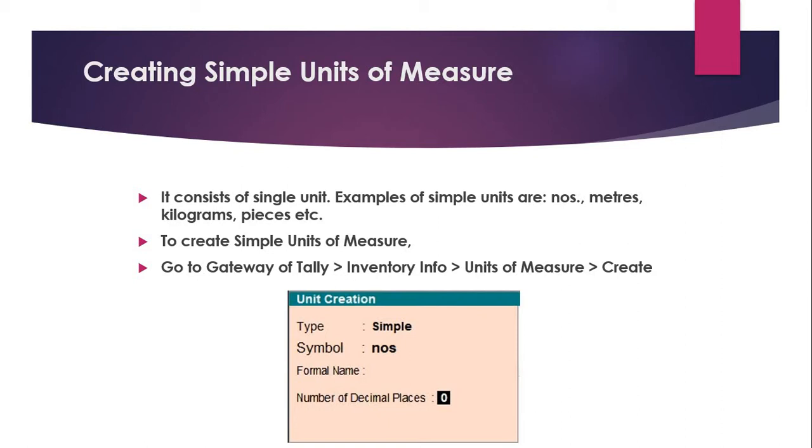For example, food grains can be measured in fractions such as 0.5 kg, 0.75 kg, 0.25 kg, and so on. In such cases, required number of decimal places can be selected.